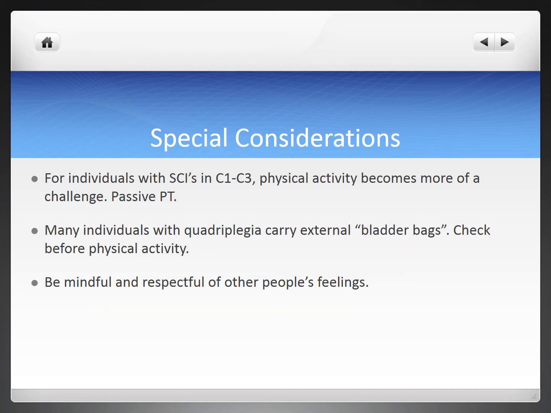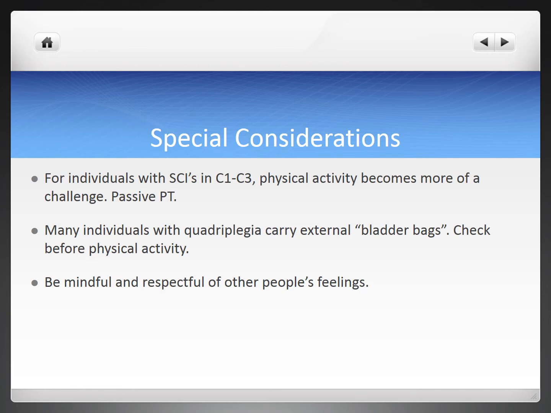Now, here are some special considerations when working with somebody with quadriplegia in a physical activity setting. For individuals with a spinal cord injury in the cervical spine, C1 through C3, physical activity can become a challenge. Individuals with an injury at C1 through C3 have very limited movement.